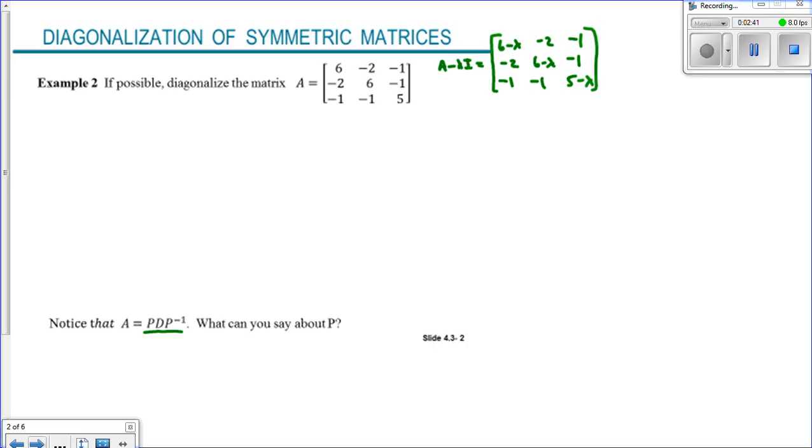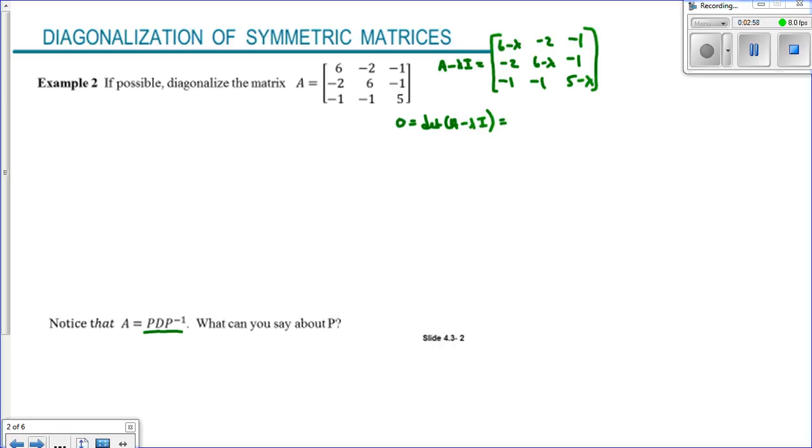I want to find the determinant of that and set it to 0. That's the only way we're going to have non-zero, non-trivial eigenvectors.